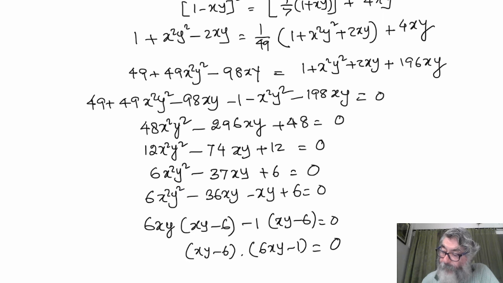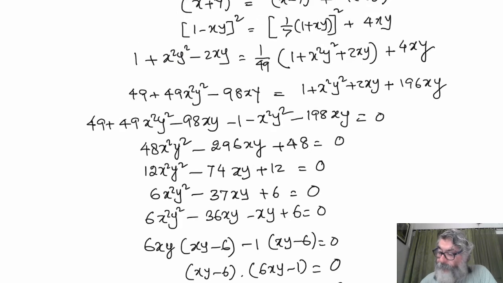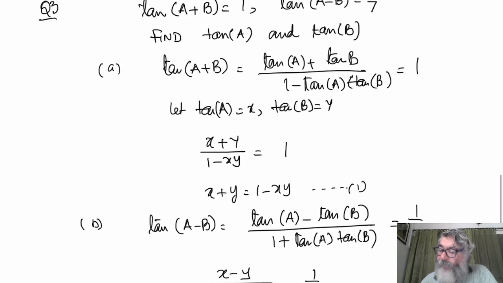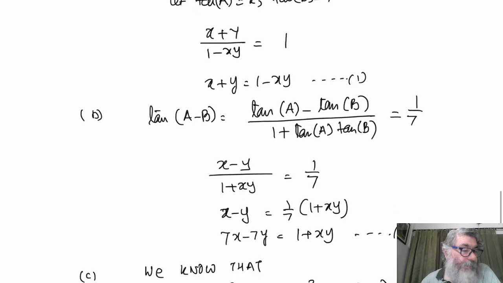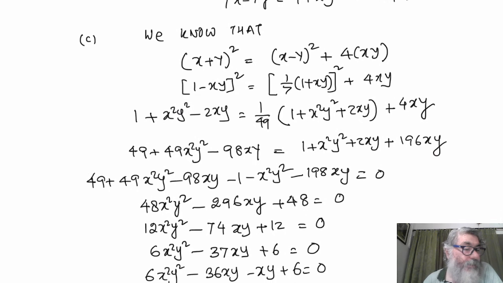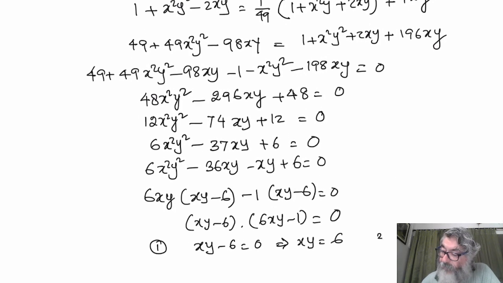Number one, xy minus 6 is equal to 0, which implies xy is equal to 6. That is what the value is. And in the second case, 6xy minus 1 is 0, so xy is 1 upon 6.